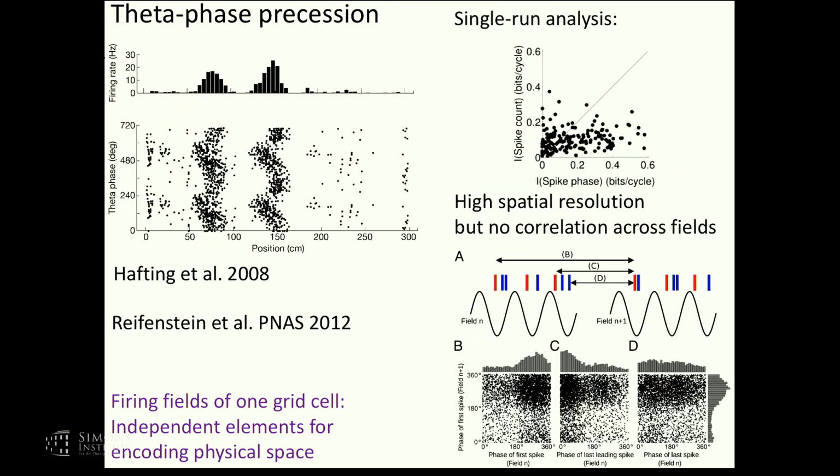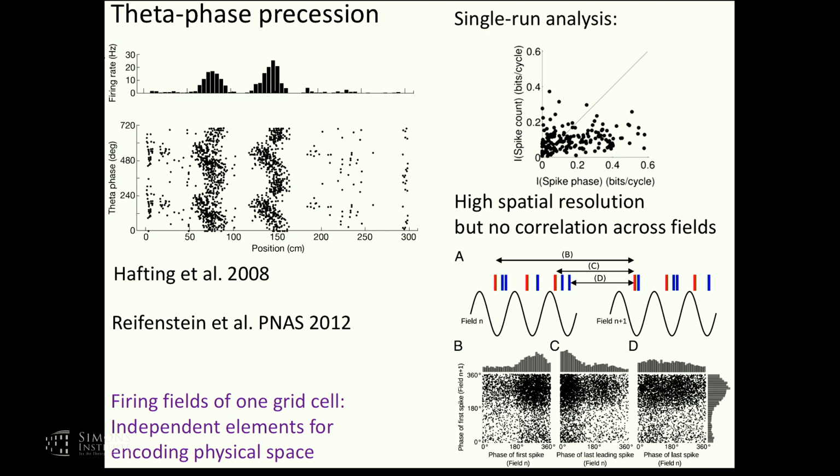Mike has already pointed out that there is theta and theta phase, and there is also phase precession in entorhinal grid cells. And we had looked at that in quite some detail and asked in particular the question, if you have two firing fields and you have spikes in one field and spikes in the next field, is there any relation, is there any dependence on whether a particular grid cell fires late in one field, will it fire late in the next field?